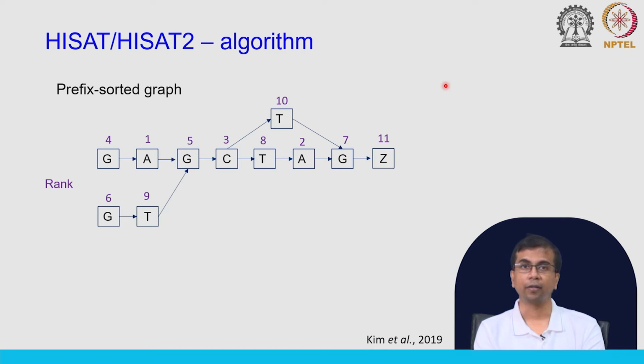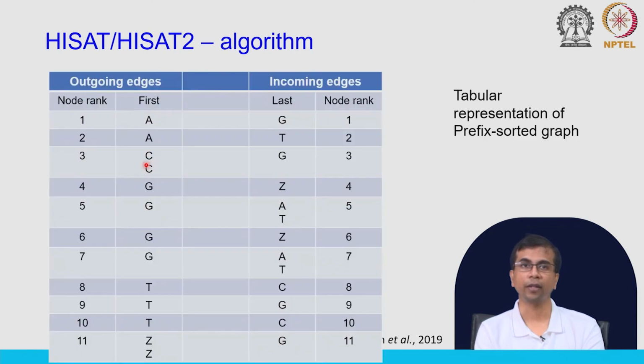Let us consider this rank 1. This node rank 1 means this A here, the first node. In the first column we are simply writing the nodes. For the outgoing edges, the first 2 columns are under outgoing edges.